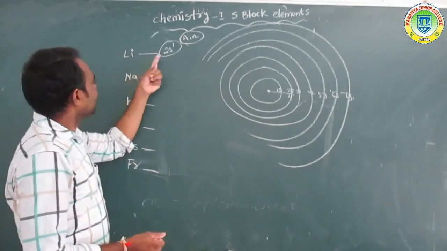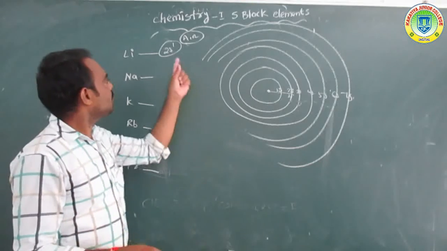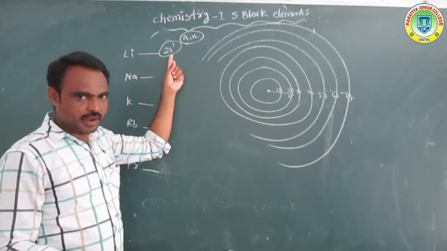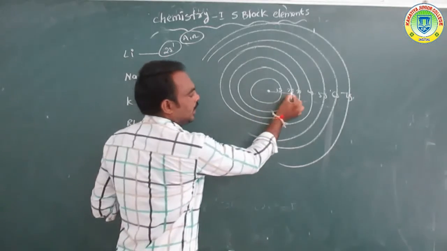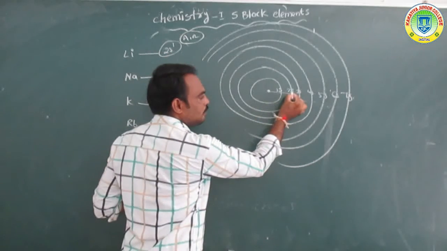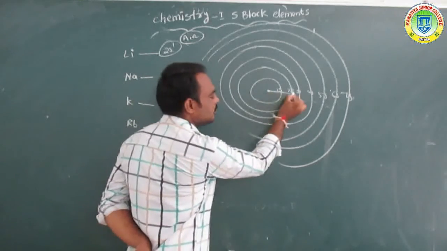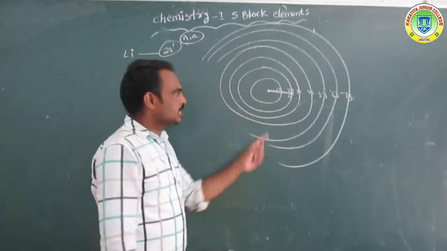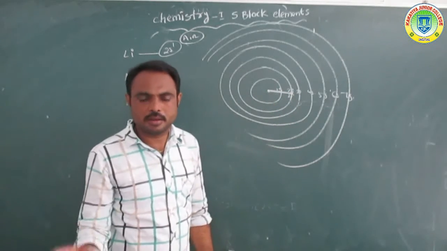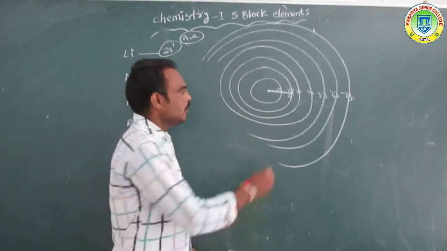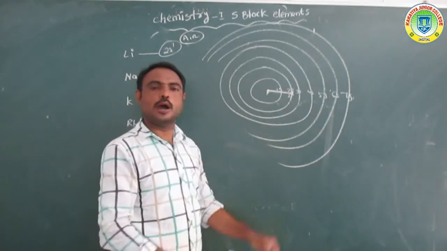Suppose we have taken lithium, outermost orbital 2s1 electronic configuration. So the electron moves in the s orbital. The distance between the central to outer shell of the electron is called atomic radius. What is the atomic radius? Distance between central to outer shell.